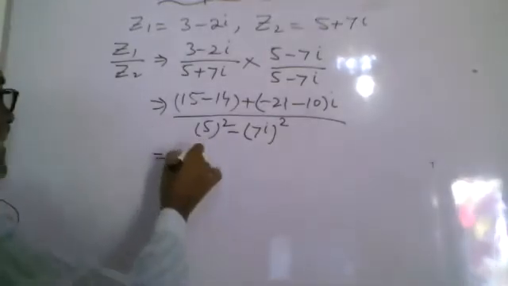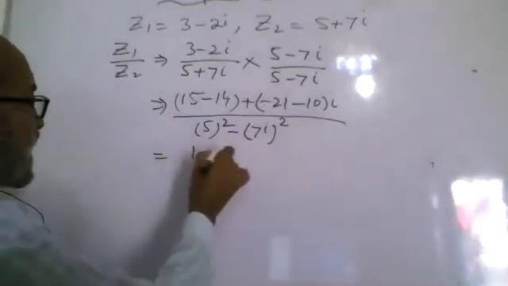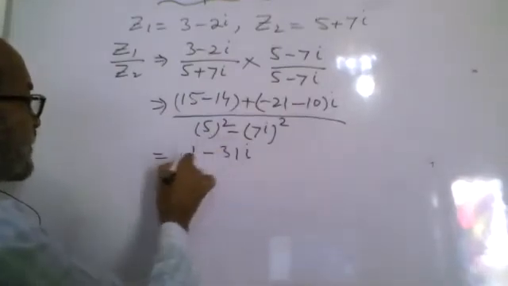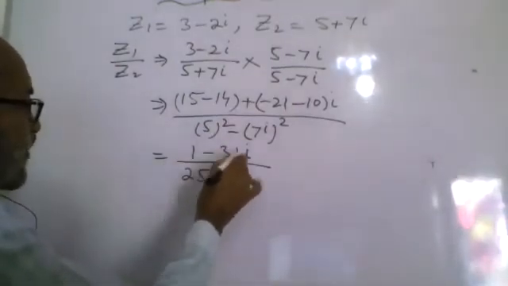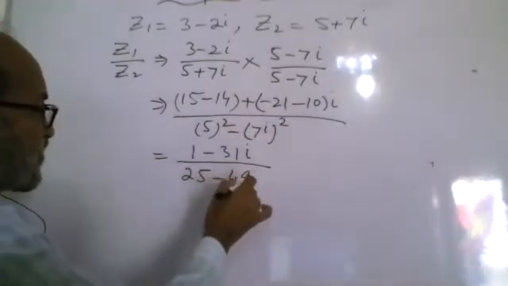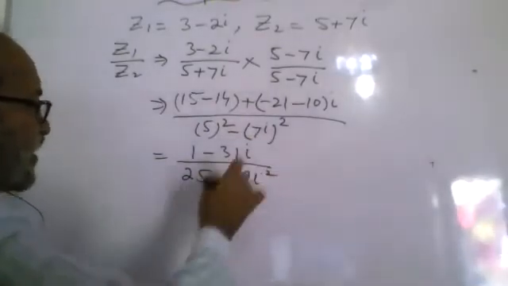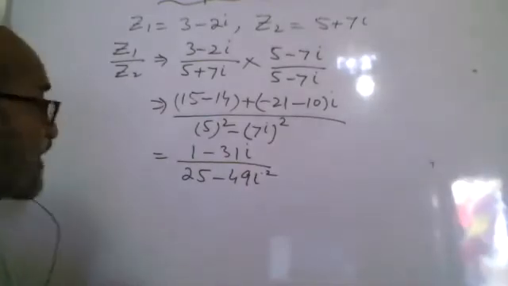It will become 1, and this is minus 31 iota divided by 25 minus 49 iota square. Iota square is changed by minus 1.